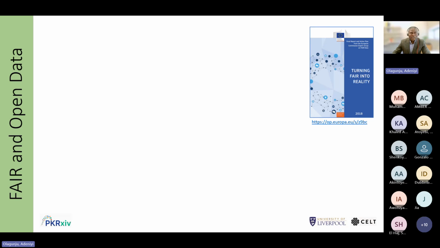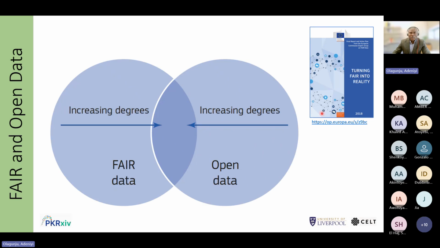And here's another additional detail that I took from this particular publication from the EU, and it tries to illustrate the connection between fair data and open data. They are two separate things, but if we can bring the two together to overlap, that will be brilliant.